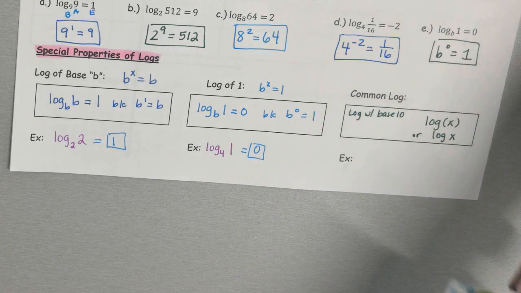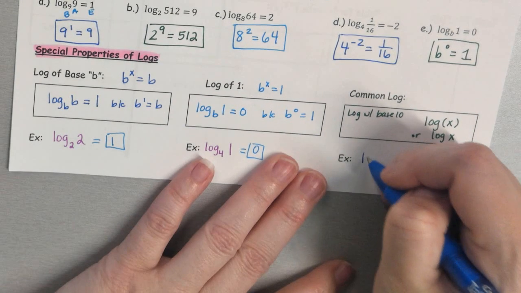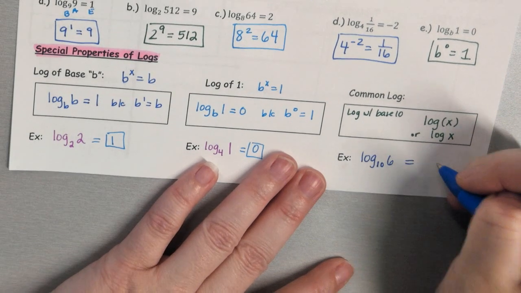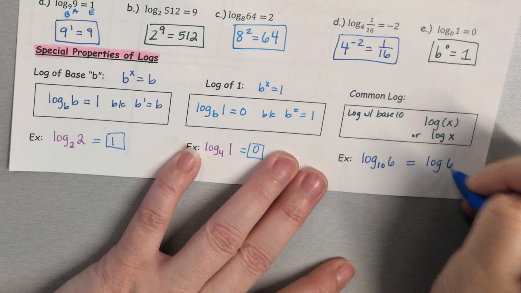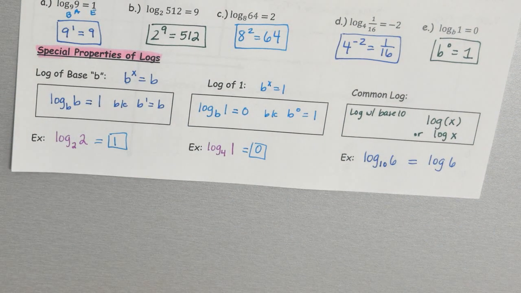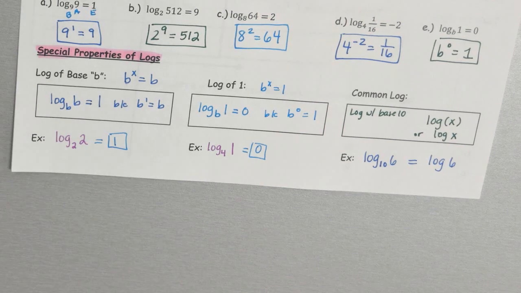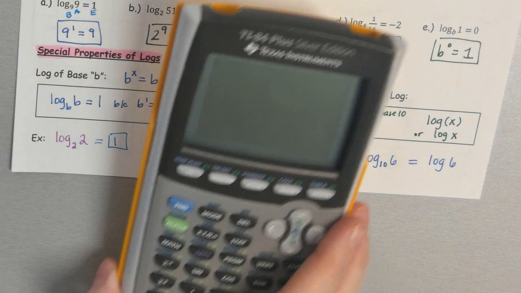The last one though is something that we're going to write. If you have log base 10 of 6, know that that's interchangeable with the log of 6. Most of the logs we're doing today are going to be nice, which means you get nice whole numbers.